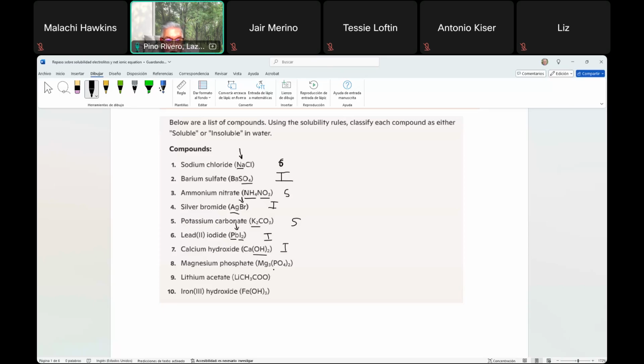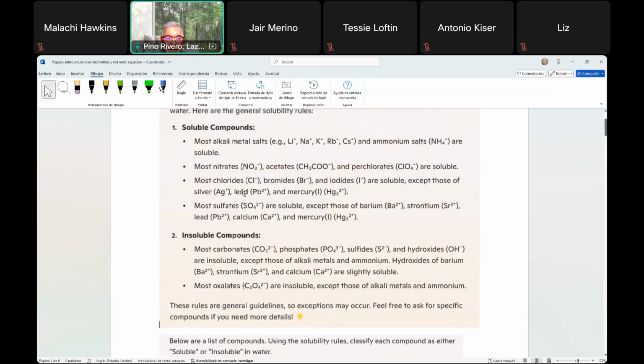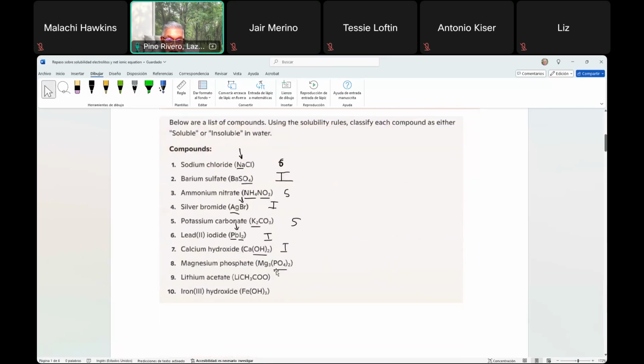What about phosphates? Let's go up. Phosphates, look at this. Phosphates are insoluble, except for alkali metals. But in this case, what we have here is magnesium. Then this phosphate is insoluble.